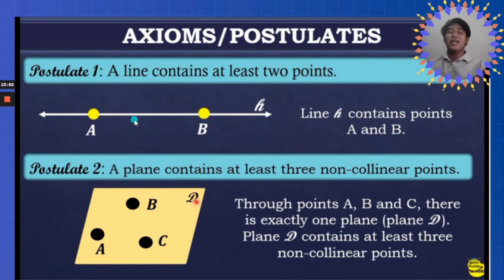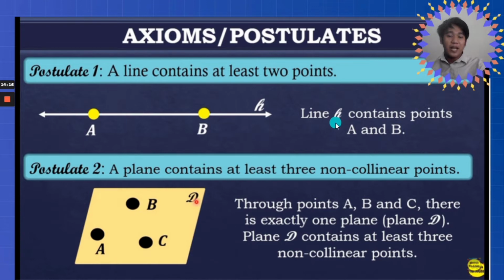If it is vertical, then upward and downward. It never ends. So if you have these 2 points, point A and point B, at least 2 points, it will determine that there is a line. So, how are we going to name this line? Line H. Take note. Line H.